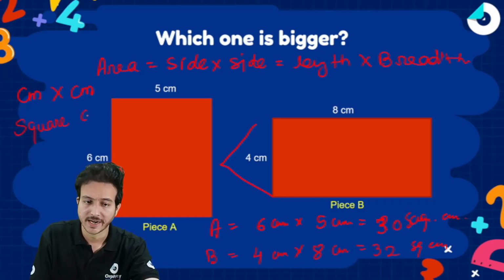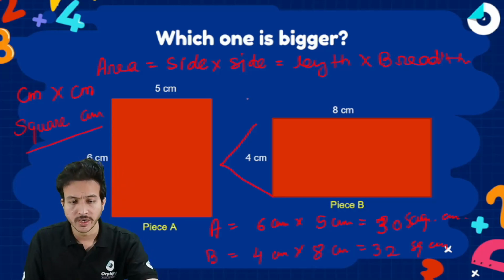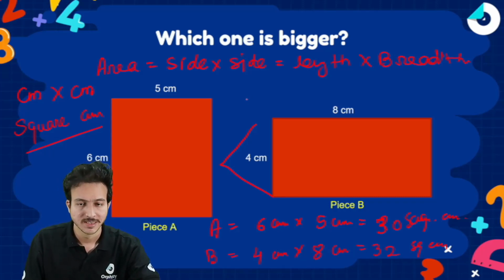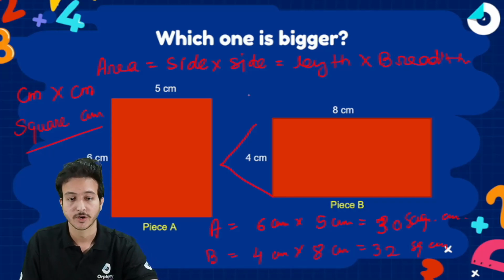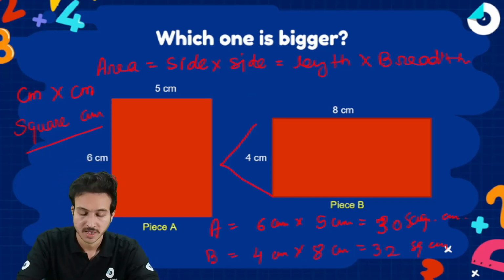This is the reason that the unit of area is given as square centimeter but not centimeter. A side is in centimeter but an area is always given in square centimeter, square meter, and so on.